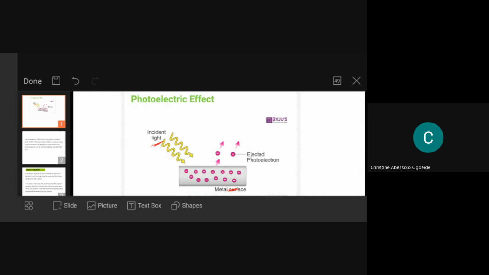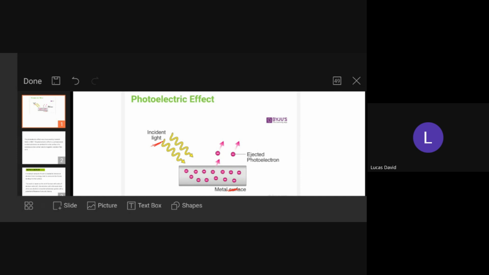This diagram is a summary of the entire topic. Light strikes a metal surface, and as a result, we have what we call ejection of electrons. There are two things that can cause this on a metal surface. One is light, another is heat. If heat is incident on a metal surface, we have what we call thermionic emission.